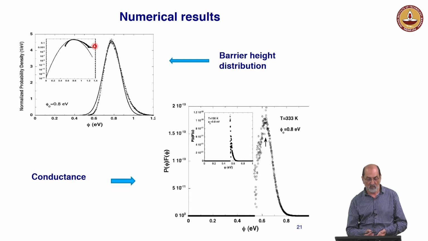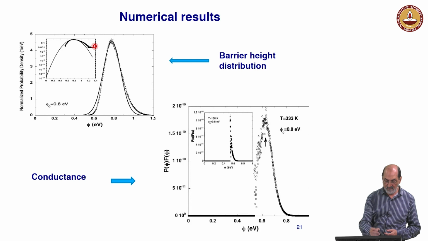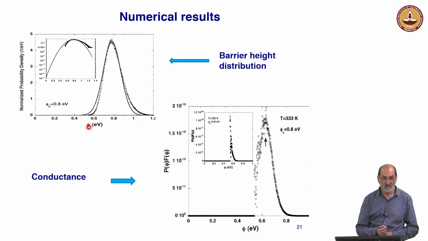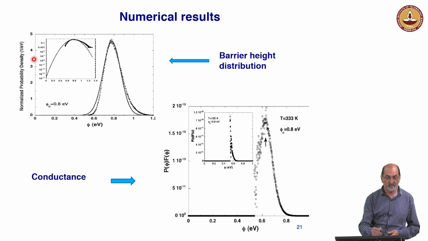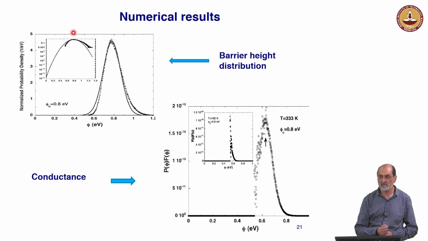When we multiply P of psi, the probability density for the barrier heights, times the Fermi-Dirac distribution, from here to the left, in the real case, the product is going to be 0. But for these guys, it's not going to be 0 if you take into account the Gaussian distribution. And at low temperatures, the main contribution is going to be here.